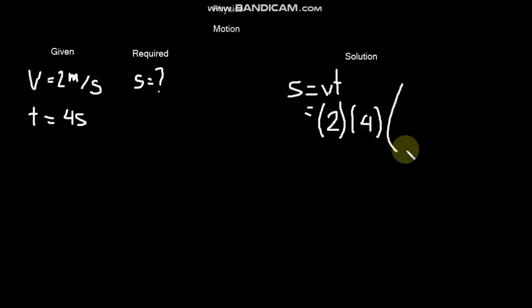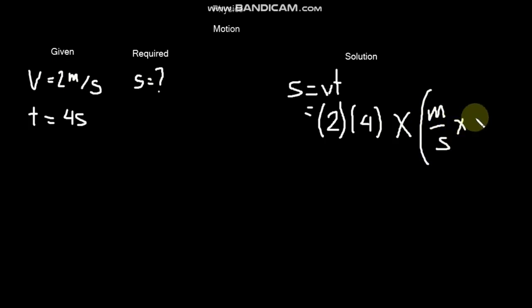Let me just make it times here. Times. We had the distance, I mean the speed, which is meter per second, times second over 1. Let me just do it to fulfill it.